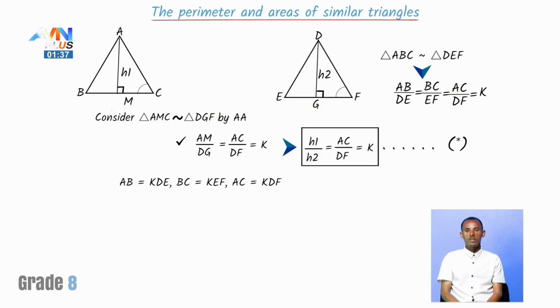The other relationship is BC is equal to K times EF. And the third relationship is AC is equal to K times DF.